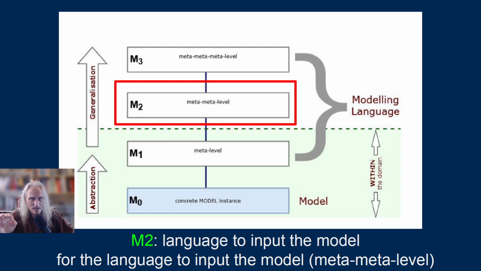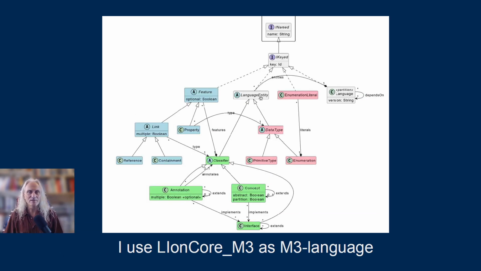Just at the moment that I started with this on this level, the LionWeb initiative started, and they have a general modeling language, and I used that as a base. So the Core M3 language has all kinds of concepts, and I took all those concepts and put them into forms.